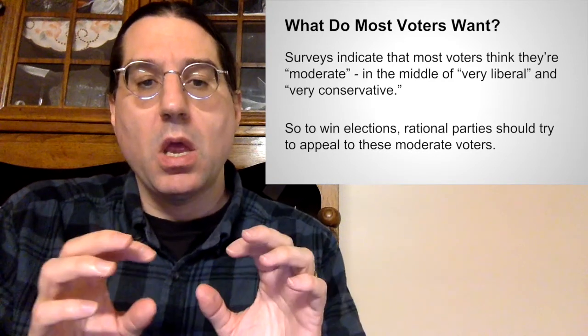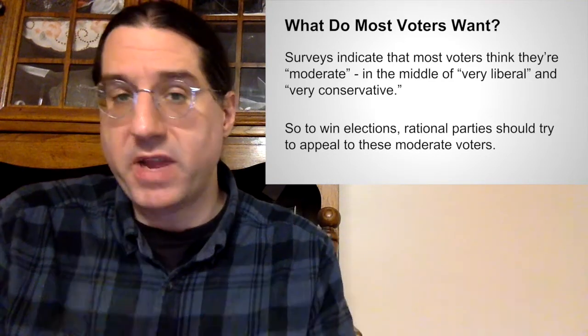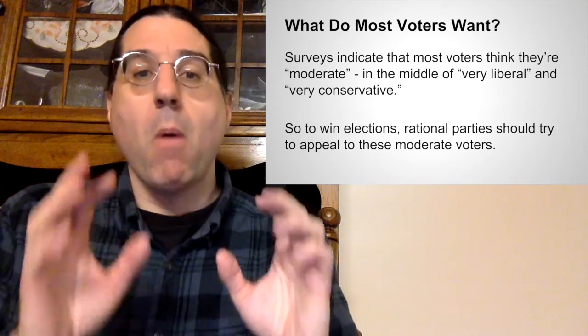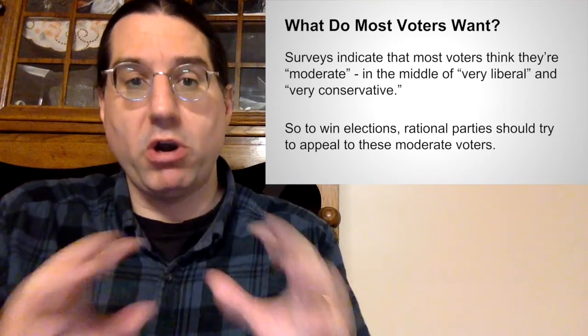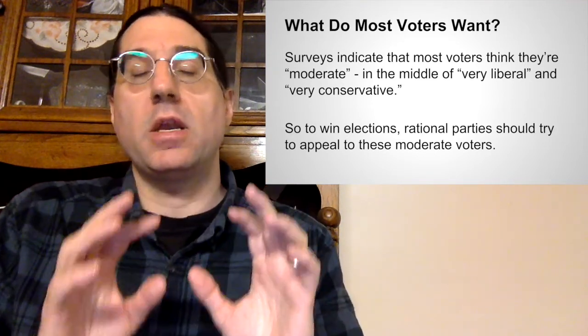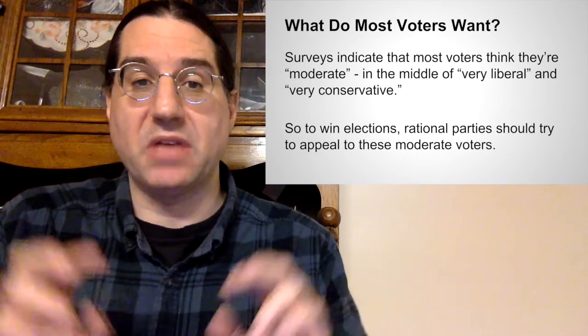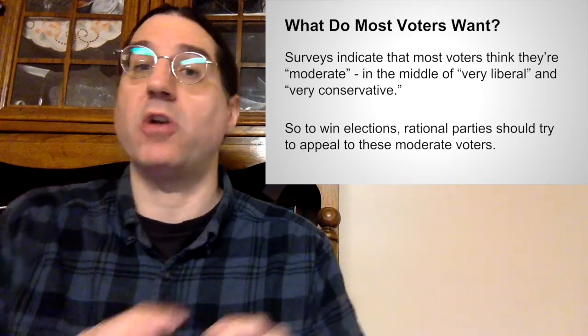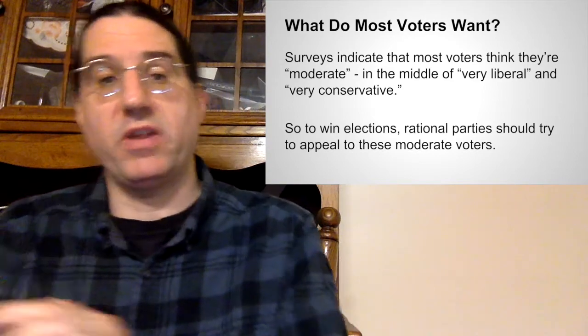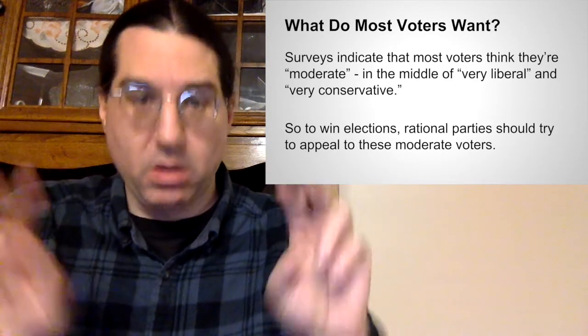And when we do surveys in the United States, most voters, the majority of voters, tend to describe themselves as moderate. They say that they're not too liberal and they're not too conservative. They're in the middle. They're moderate.